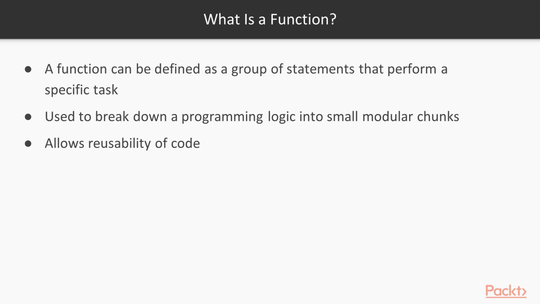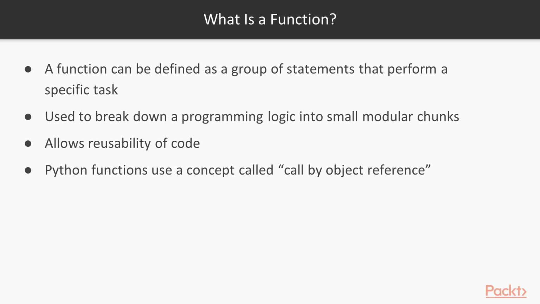So if you define a block of statements or a function that you require more than once, this will help you to reduce the size of the code. One thing to understand here is that Python functions use a concept called call by object reference. So let's move on to the code to understand what exactly this is.